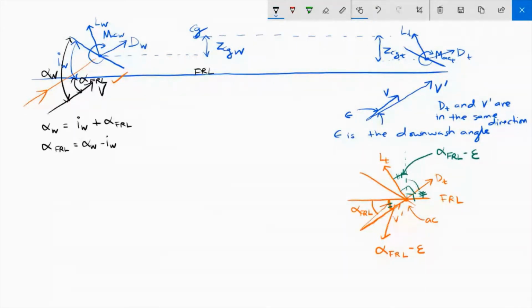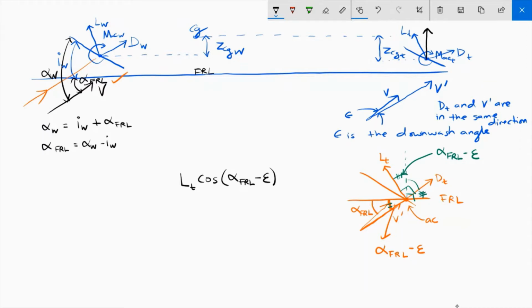So let's consider the lift first. The component of lift in the vertical direction is going to be LT cosine of alpha FRL minus downwash. And why are we bothered about this? The reason is we want to find the moment, right? So we want to find the moment created by this force about the center of gravity. So imagine that there is a perpendicular component of lift, so that lift multiplied by the distance between the lift and the center of gravity is going to give us the moment.